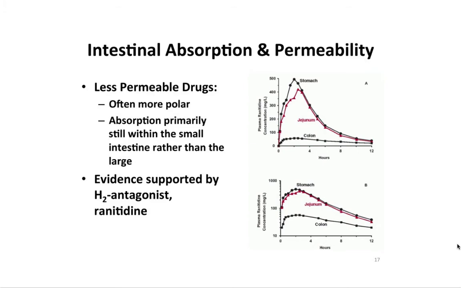What is shown there is a comparison of the gastrointestinal absorption of ranitidine depending on the site of application. A study like this can be done in animals, and you can also do this kind of study in human beings.